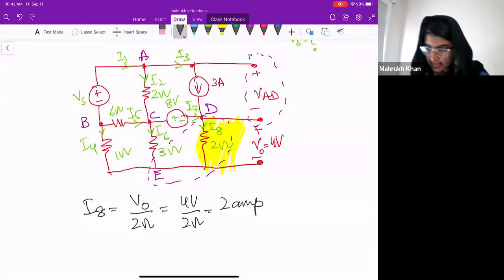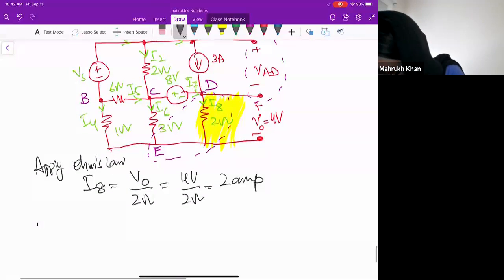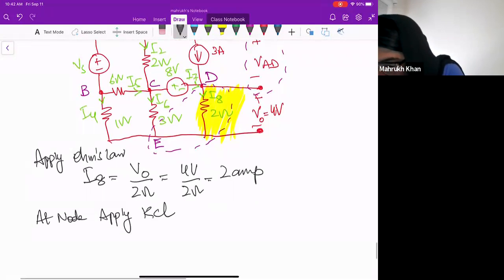Now, if you think, your node D has 2 currents entering and 1 current leaving, right? So we have applied KCL and Ohm's law here. At node D, we will apply KCL. At node D, you can see that we have I7 and I3.